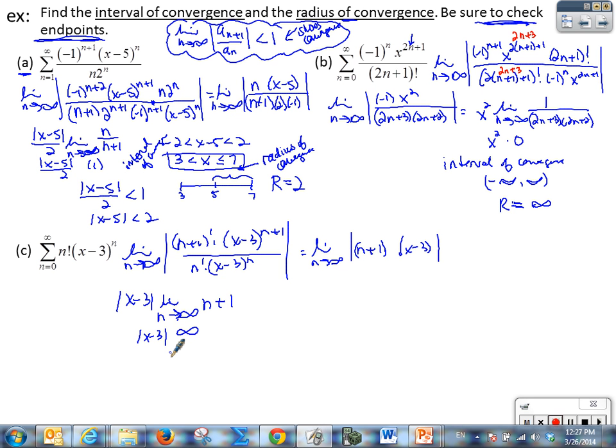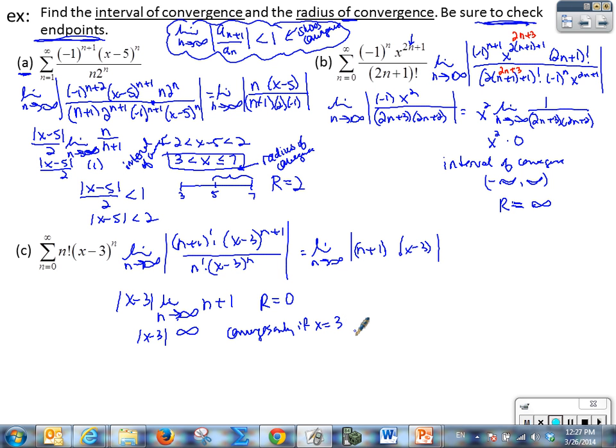And so what does our ratio test say about things larger than 1? Diverges. So this basically diverges for everything except the center, the 3. It's that type 1 that we were looking at. So this one, radius of convergence is 0. And it converges only if x equals 3.